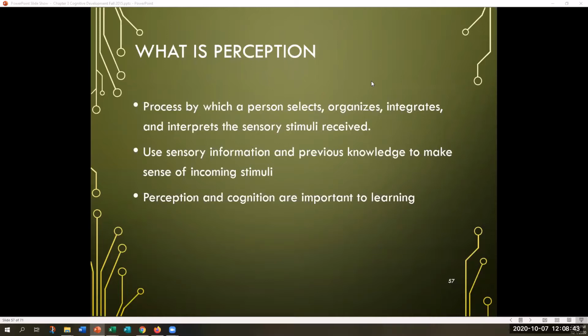And we use this sensory information, and it allows us to perceive knowledge and make sense of information that's coming in. So we use our senses to help us determine what the meaning is of the things that we're receiving.